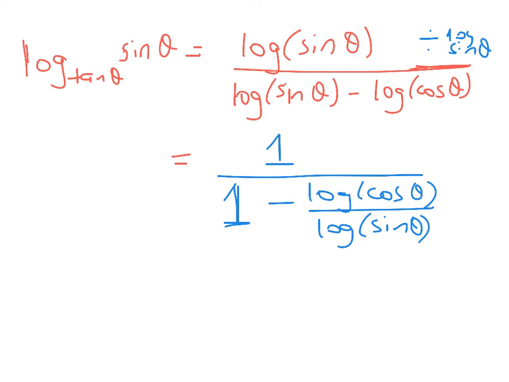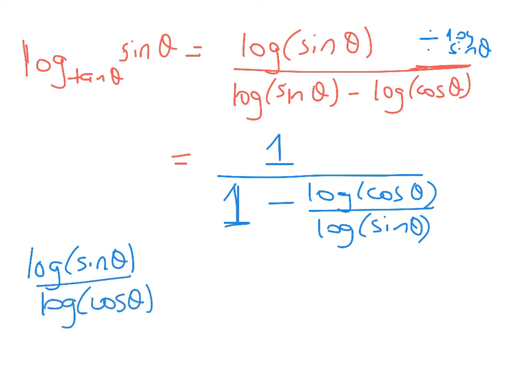Okay, so we're awfully close to the end because we know that the log of sine theta over the log of cos theta was equal to -1 minus k over k.